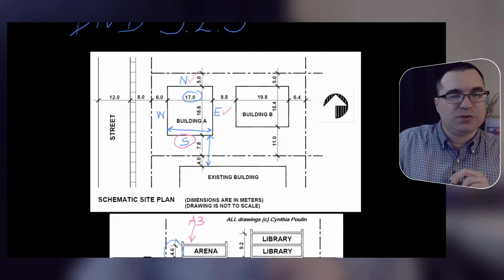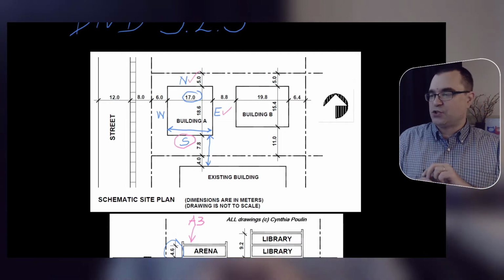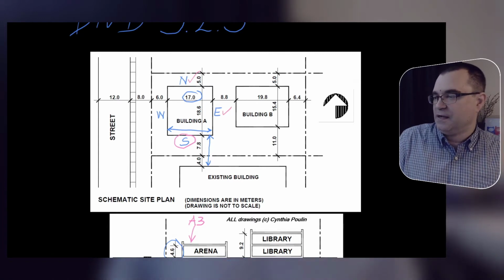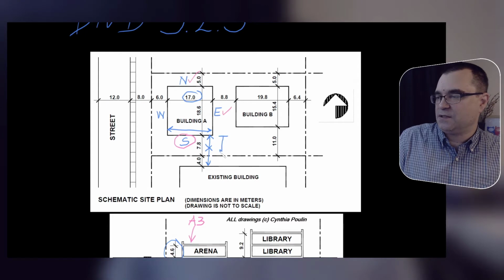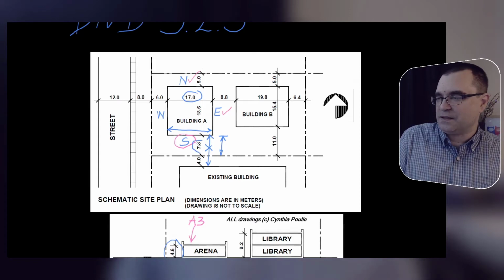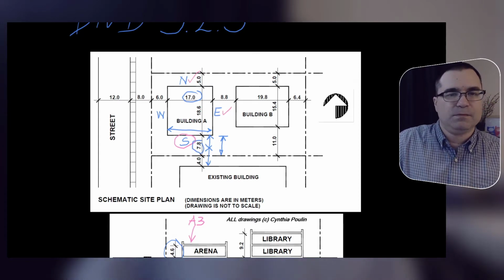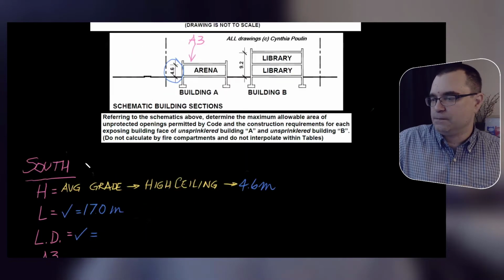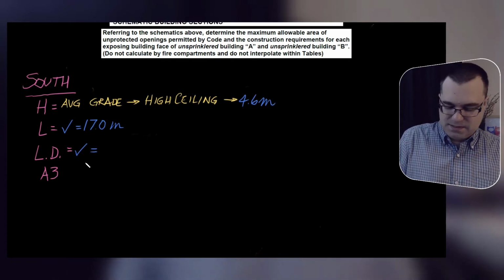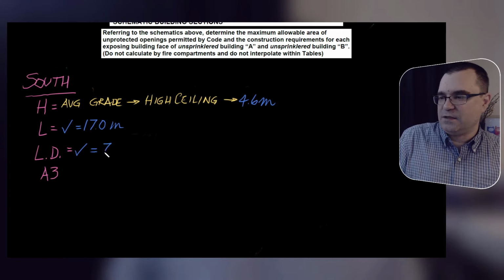Okay? So the limiting distance goes actually to the property line. So it's not related to this, but instead is right here. So what is that distance? Yeah, you got it. 7.8 meters, which is exactly what we're going to show. The limiting distance is 7.8 meters.